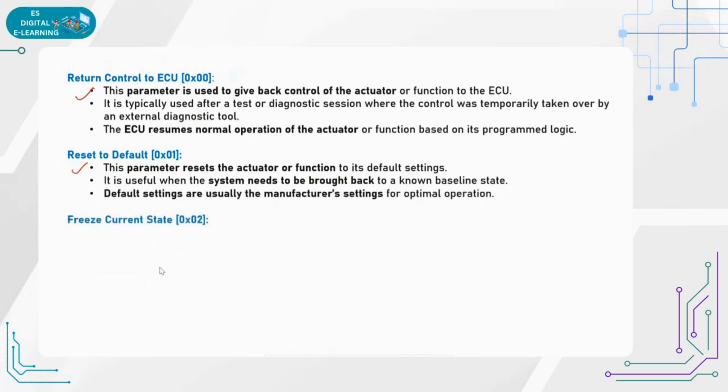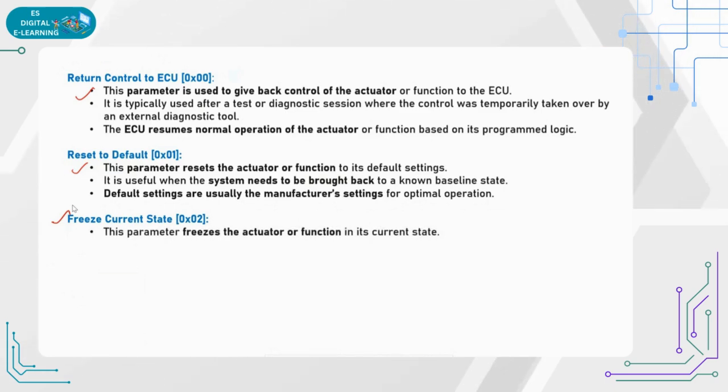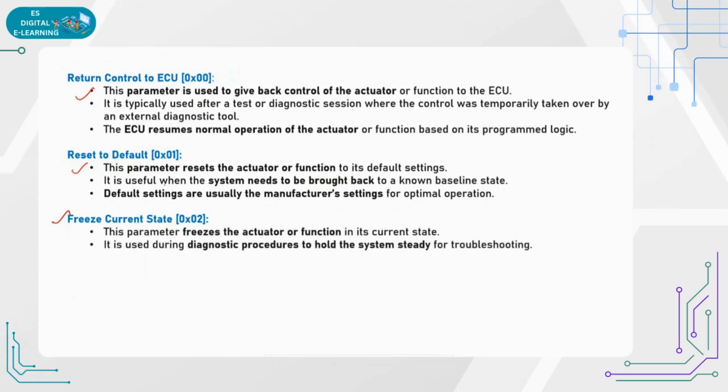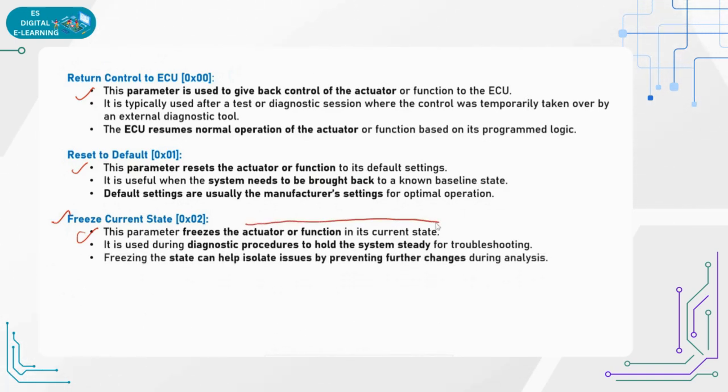Next is freeze current state. The first point you need to write in your notes: this parameter freezes the actuator or functions in the current state. Freezing the state can help isolate issues by preventing further changes during the analysis, so the system stands steady.